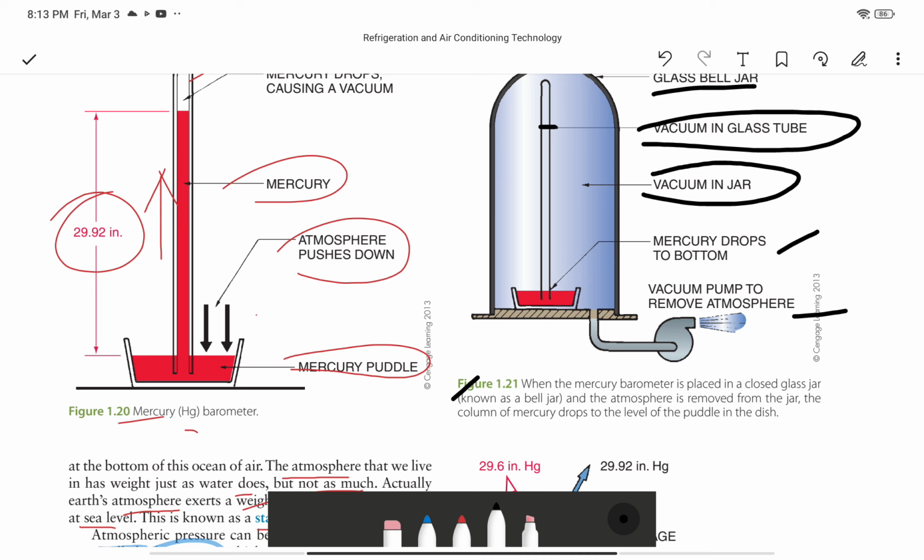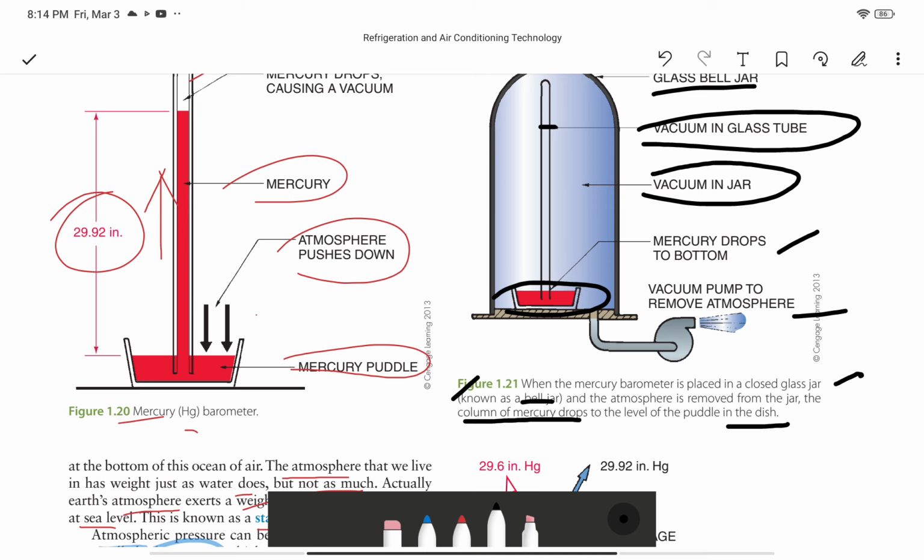When a mercury barometer is placed in a closed glass jar known as bell jar, and the atmosphere is removed from the jar, the column of mercury drops to the level of the puddle dish. So it will be level.